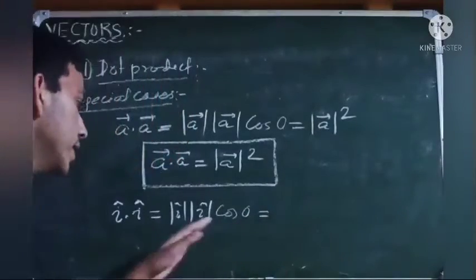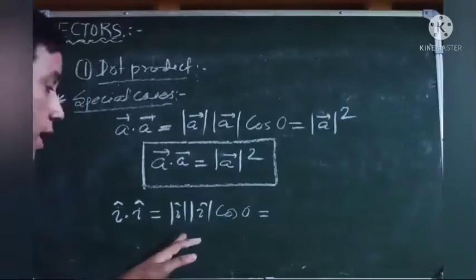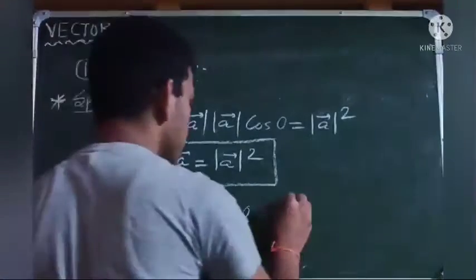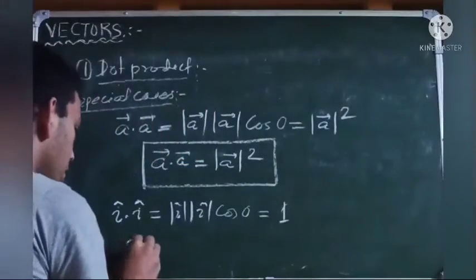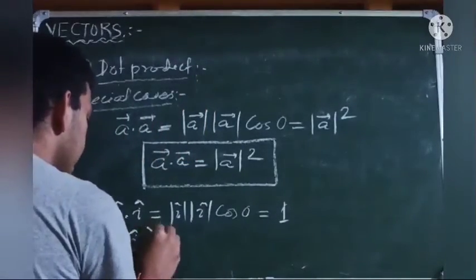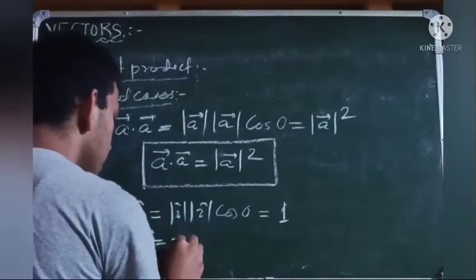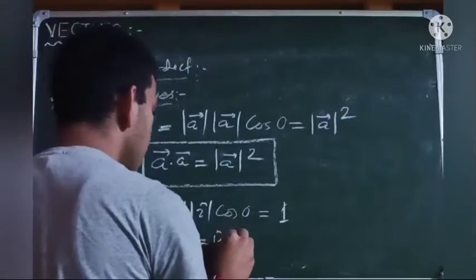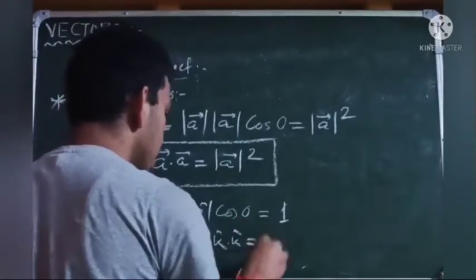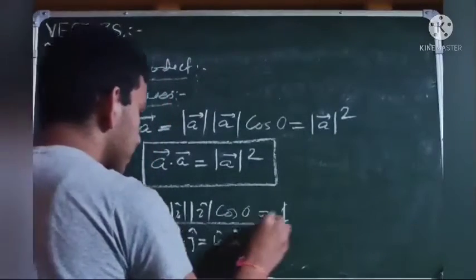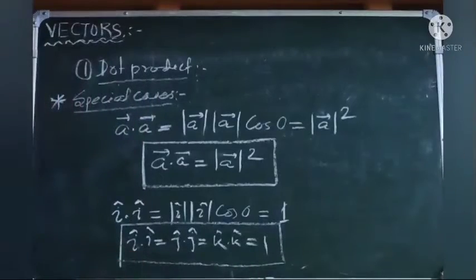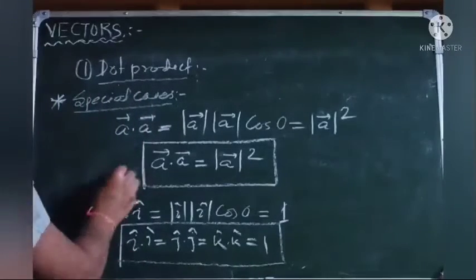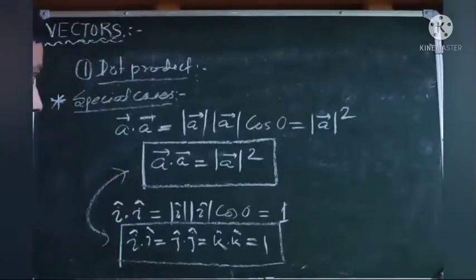Cos 0 is going to be 1. Magnitude of i cap is 1 and magnitude of i cap is 1, so it is going to be 1. Therefore, we can note that i cap dot i cap equal to j cap dot j cap is equal to k cap dot k cap is equal to 1. These two are some important expressions.